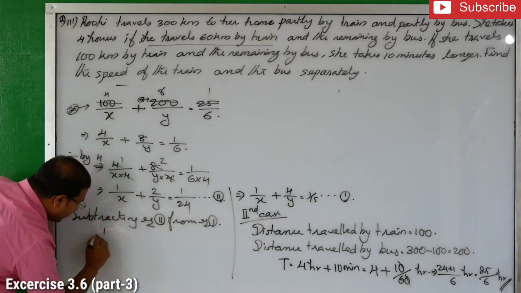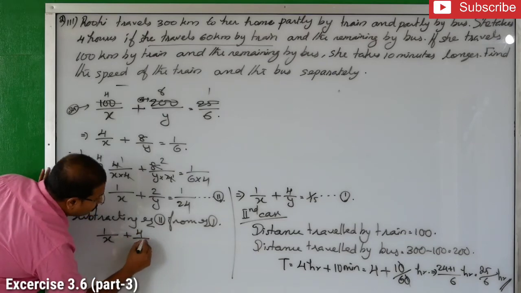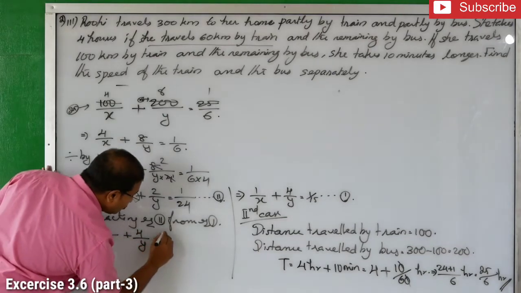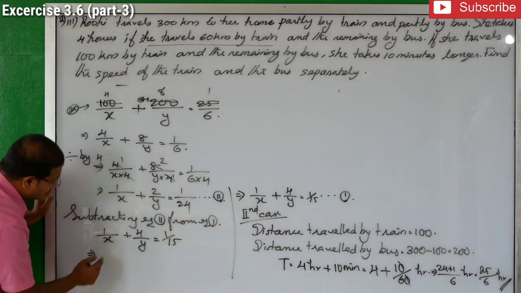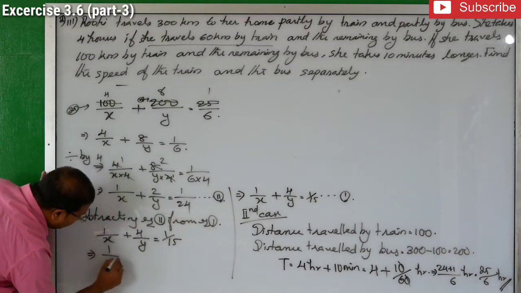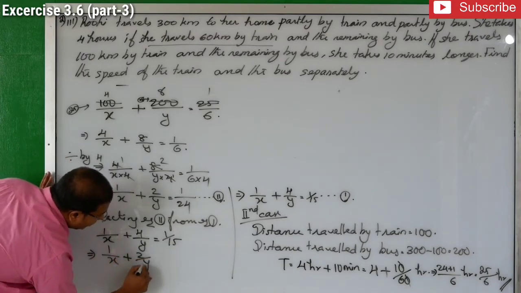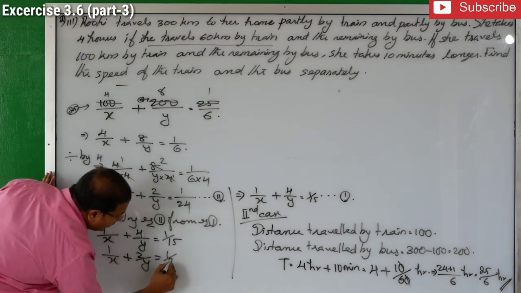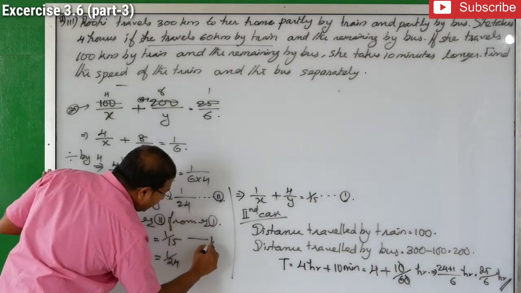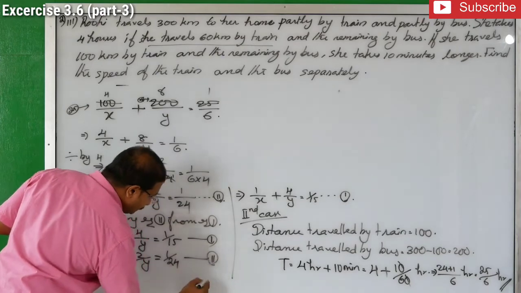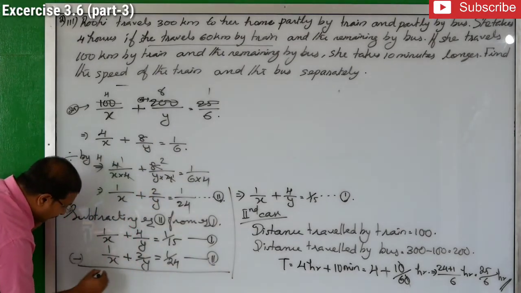That means 1 by x plus 4 by y equals 1 by 15. And here what will happen? Here we'll write 1 by x plus 2 by y equals 1 by 24. See, this is equation number 1 and this equation number 2. When you subtract, what will happen? This will become minus.